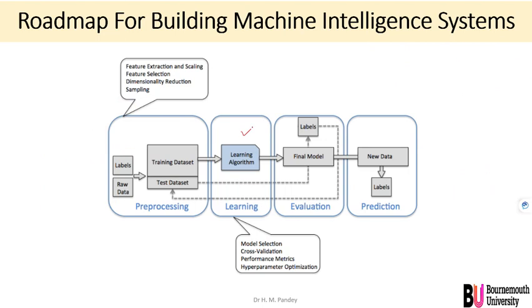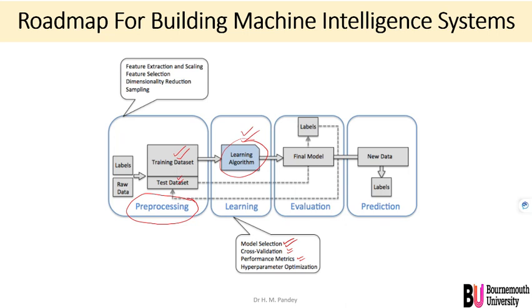Now learning. You are ready with your training data set and your test data set after completing the pre-processing step. As I already explained, the training data set will be used to train your model. You will implement your learning algorithm and see how your model is working. You are giving training and making changes in the model. This is called model selection. You will validate your model with cross validation. You will use performance metrics like accuracy, precision, recall.